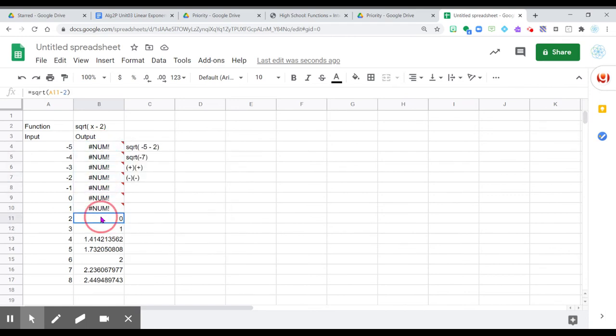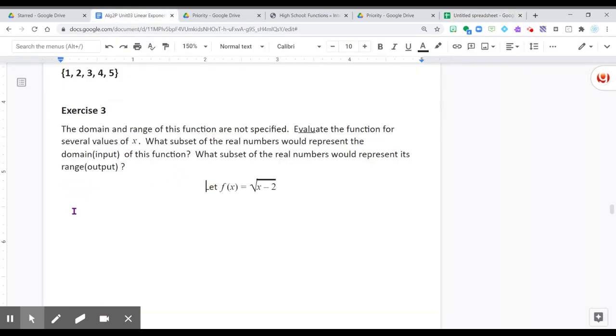I also want you to know all my outputs create positive numbers too, which means when I begin to think about the domain, or the input, my intuition has to say the input has to make a positive number under the square root, which means x minus 2 has to be greater than or equal to 0, or if we simplify that, x has to be greater than or equal to 2.